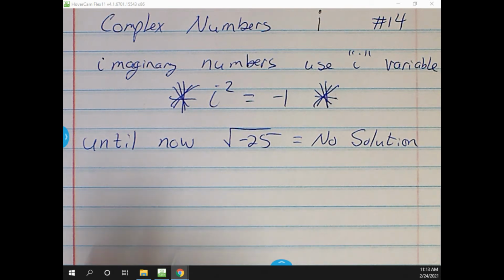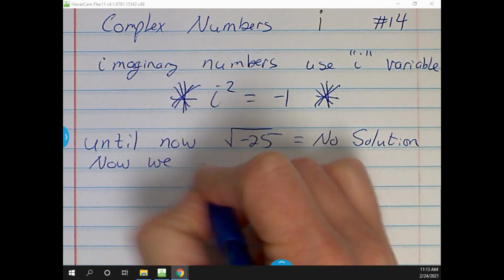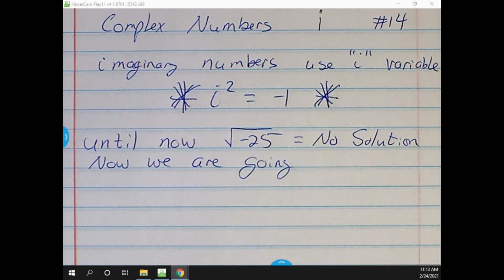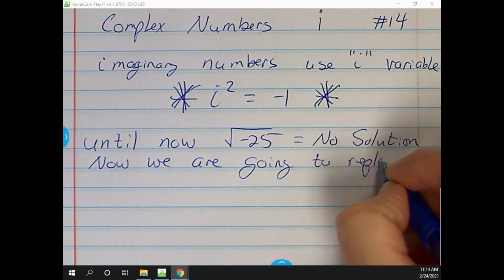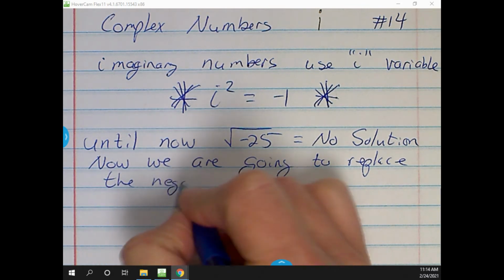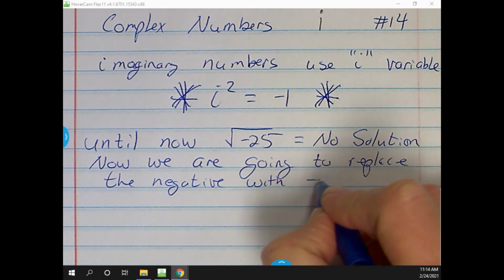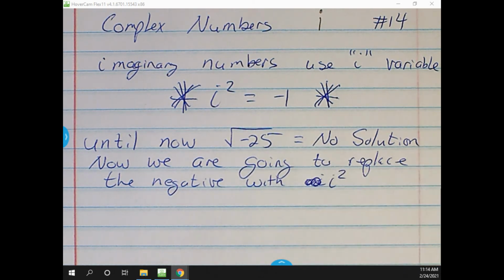So here's where we're going to use this one. Now what we're going to do for all these problems is replace the negative with i squared.